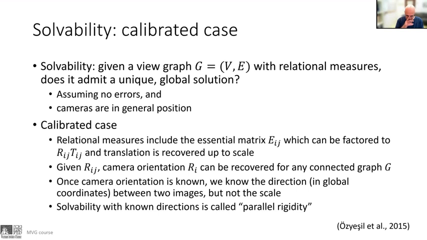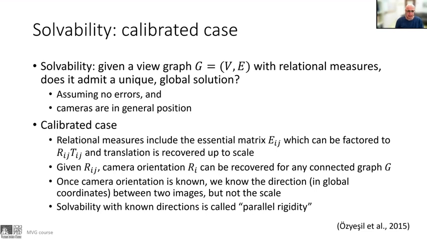So let's look at the calibrated case. We have essential matrices on the edges. Each of them can be factored into rotations and translation up to scale. For the rotations, we have two solutions, but we can determine which of these two solutions is correct by looking at points. So we assume that we have just one unique solution for the relational rotation, Rij.